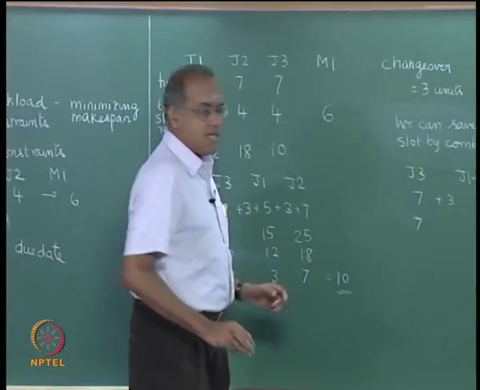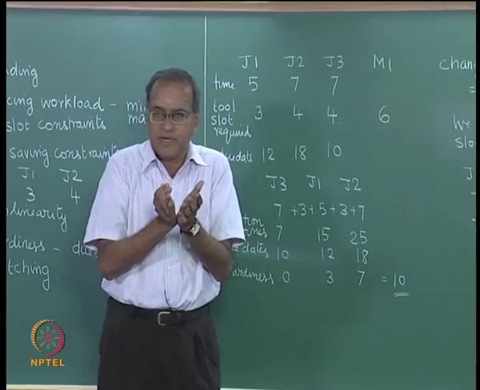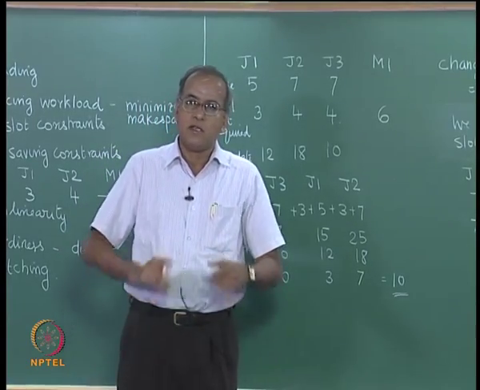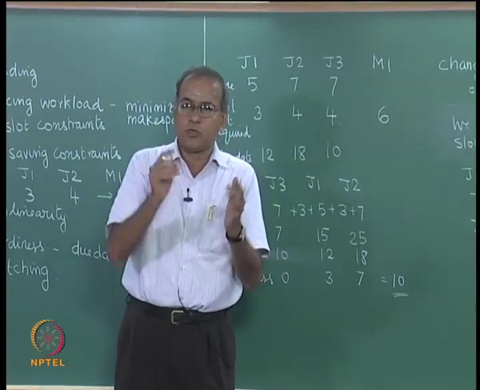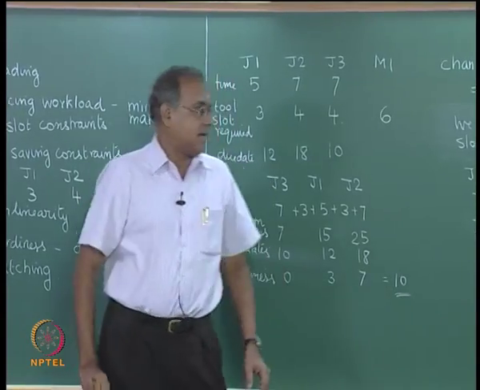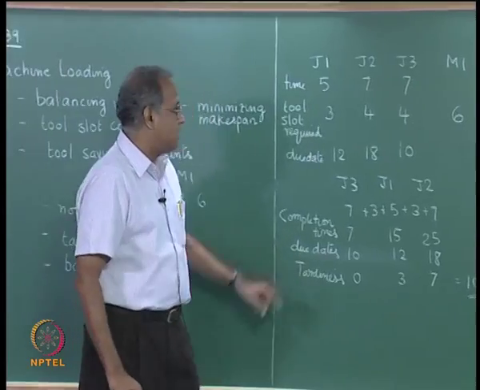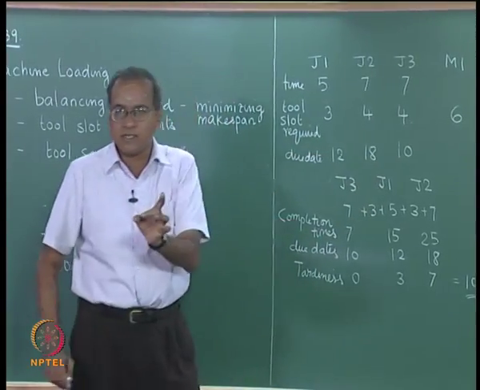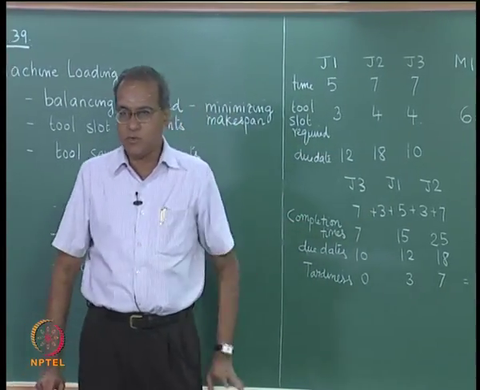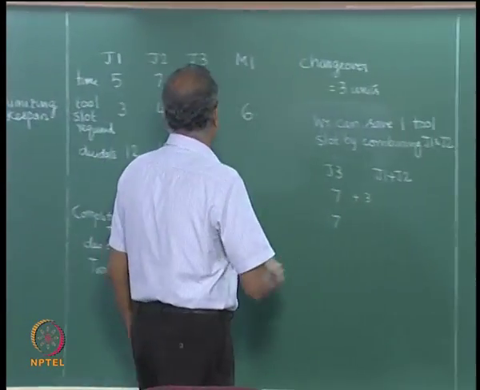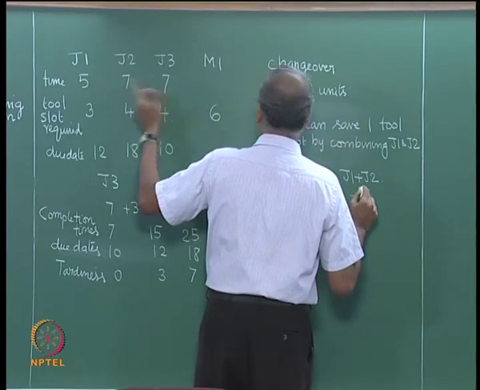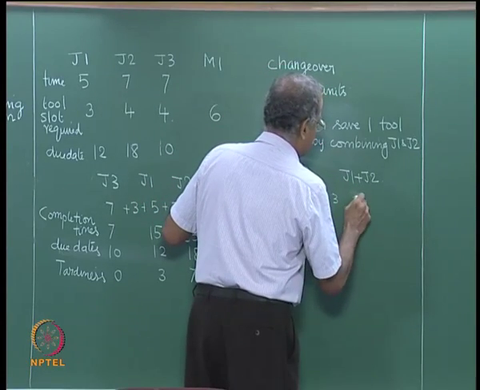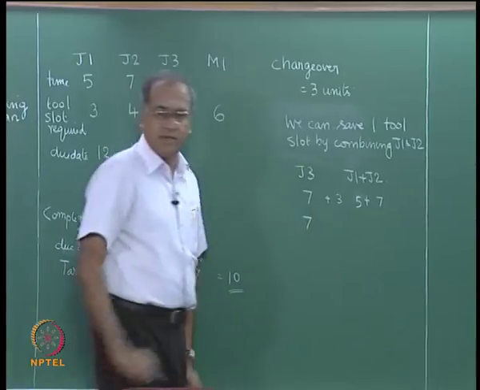Now, J1 and J2 together are going to be done in the second batch, which means the tools for J1 and J2 are going to be put into the tool drum together, and between J1 and J2 the order of due date is J1 is done first and then J2. So, 7 plus 3 10 plus 7 17 plus 5 plus 7.